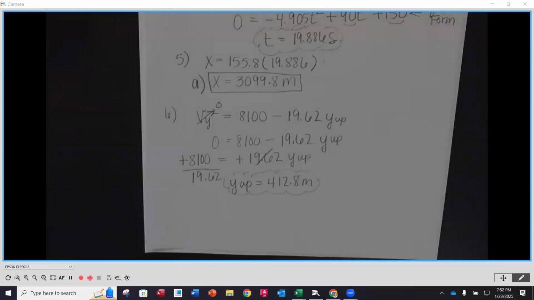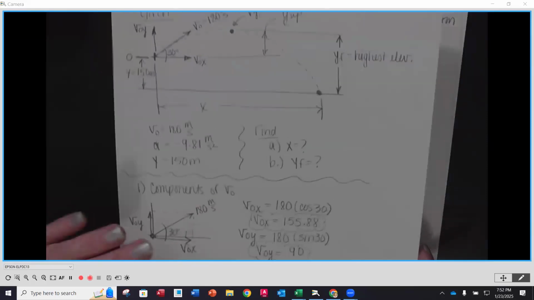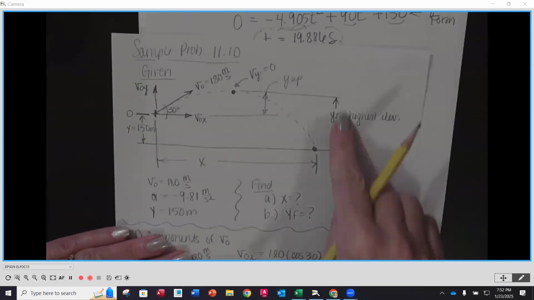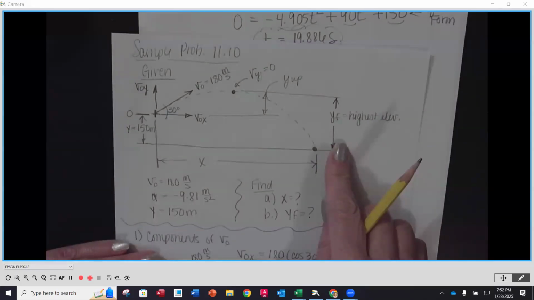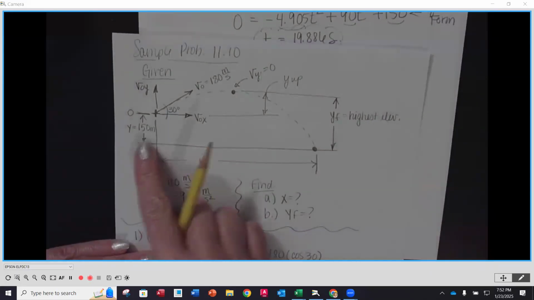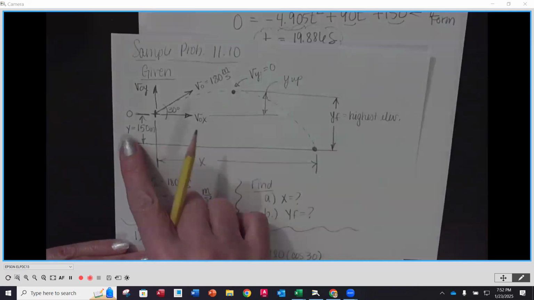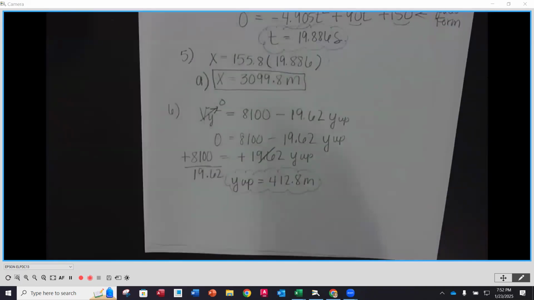And now that we know that portion, we can say that the highest elevation is going to be equal to y plus y up. So now we know both of those.